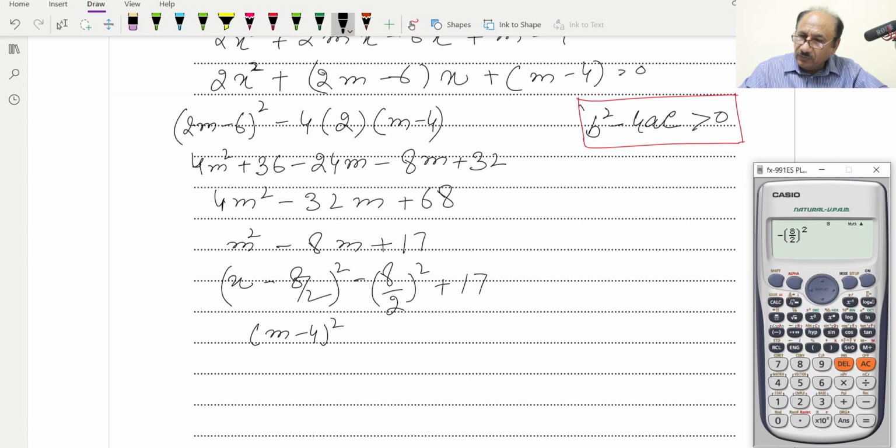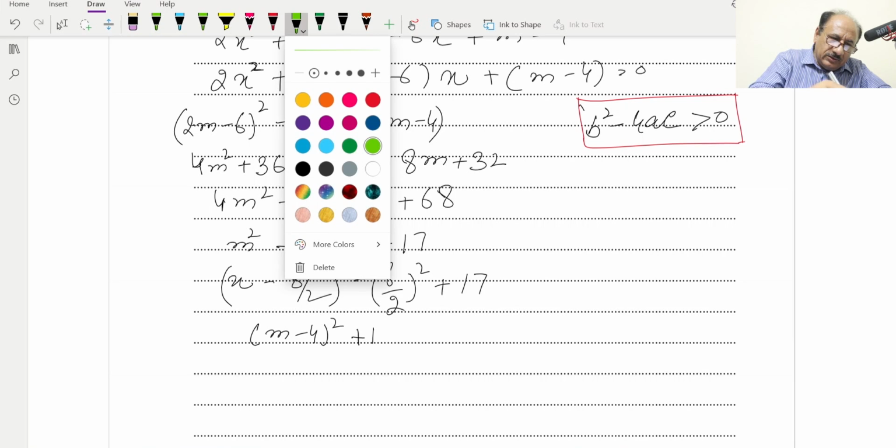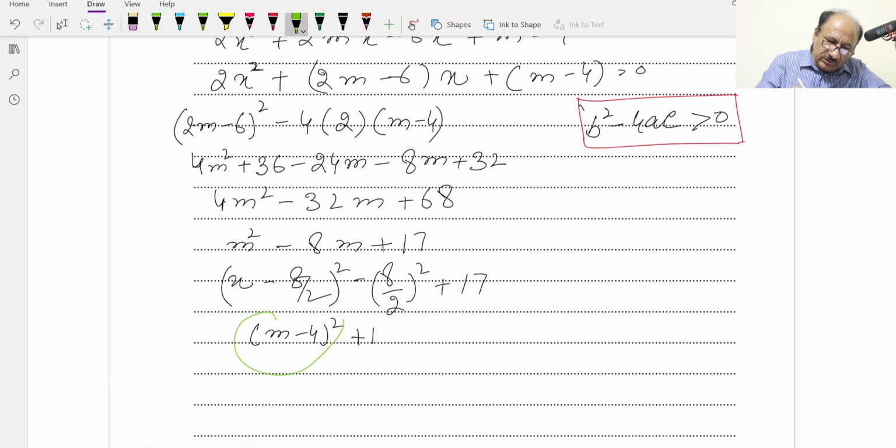I'm just writing for your understanding. So this will be 17 minus 16, and this will be equal to 1. So plus 1 will be written like this. This is a square, if you see, this portion is a square.